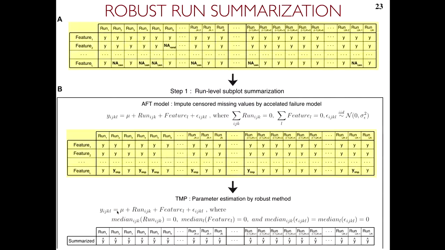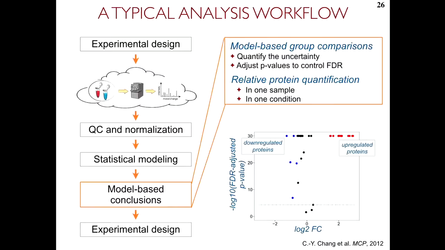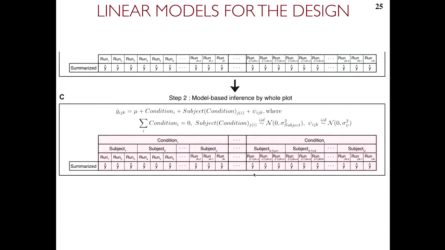And as the result of that, we essentially obtain this summary of one number per protein per run. And from this point, we get back to the biological information, and then we can use fairly standard statistical methods depending on what was the experimental design. So that's what we do. And so now, remember I was saying we still need to figure out which pairs of conditions are changing or some linear combinations of conditions.